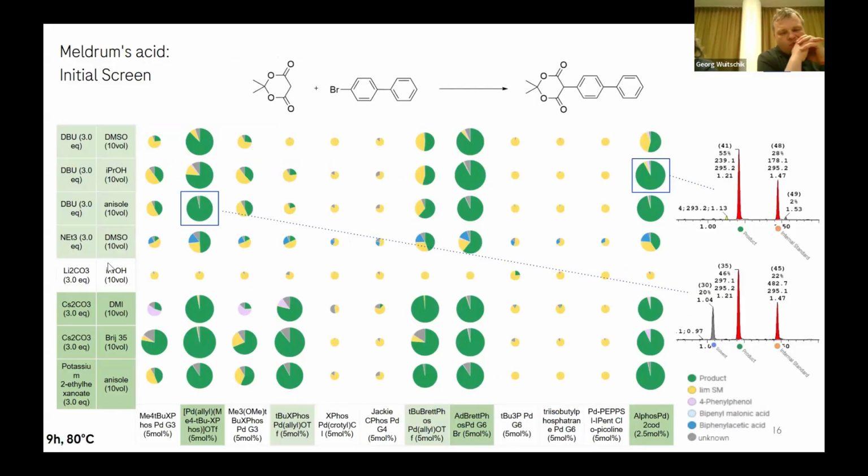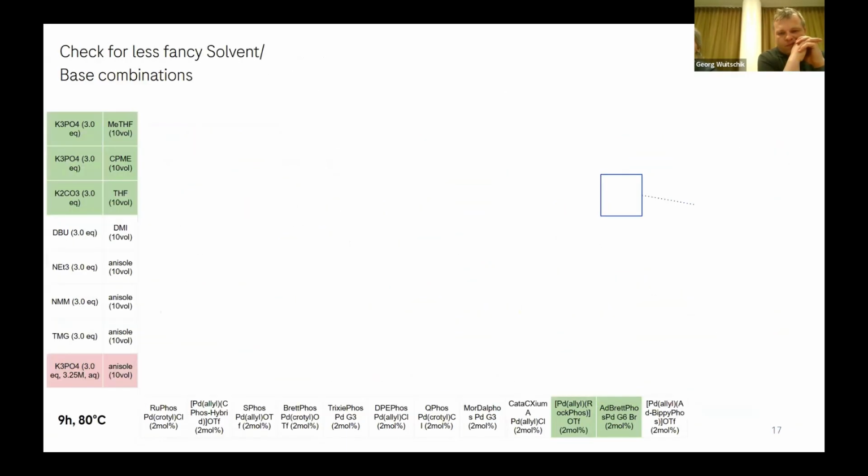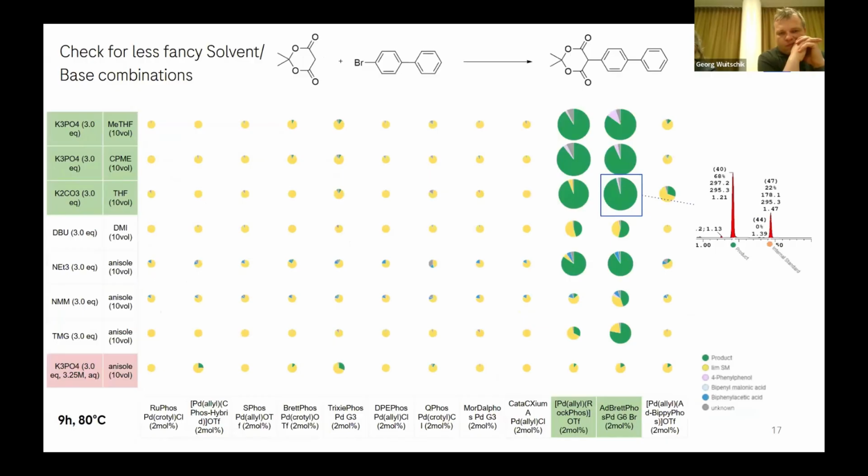So from a process chemist's point of view, it's nice that this reaction works, but maybe you don't want to use, again, DMI with cesium carbonate, because then the extraction is going to be hard. So we optimized a bit further, and we came up with pretty good results for a process chemist with potassium phosphate in methyl THF. So that was pretty good for us.